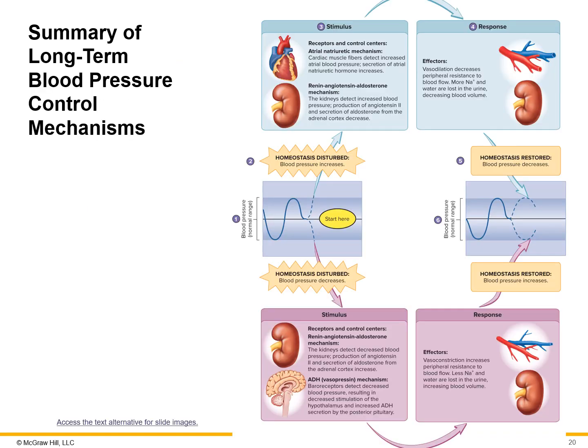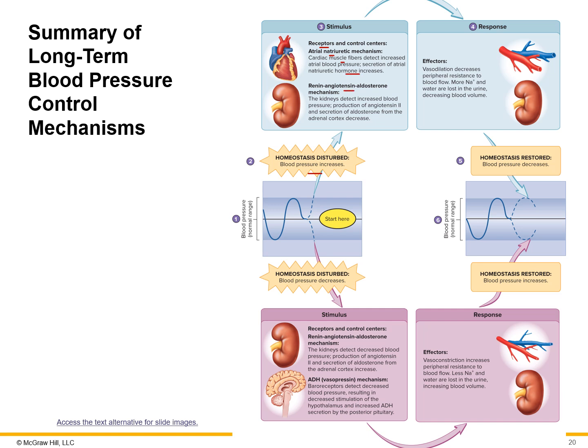All right, so we look at the summary here of all these long-term pressure controls. Again, here we have our disruption, where our pressure in this case is increased. The receptors and the control center, the atrial natriuretic mechanism, in those cardiac muscles, we're going to release that hormone.